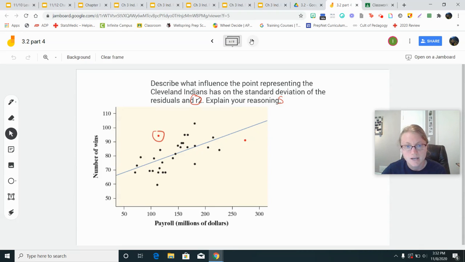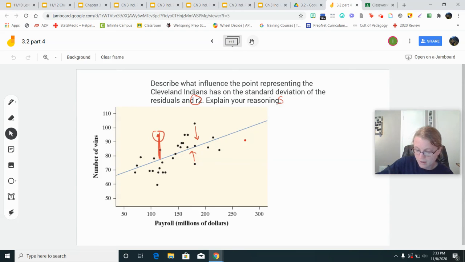Not very close. And R squared is basically the amount of wiggle room between the points and the line, and how much of that spacing is really okay and how much we can account for. Cleveland's probably an outlier because it's got a high residual and it's above the pattern. It's not doing super great.